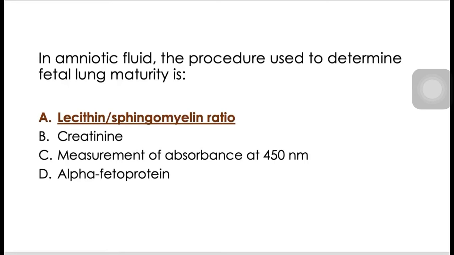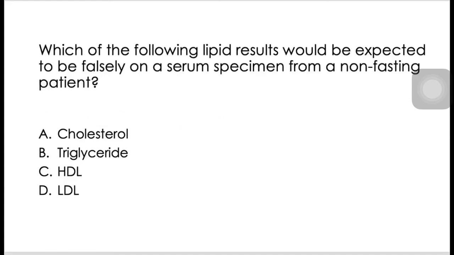And letter D, naman po, alpha-fetoprotein is a test to assess neural tube defects like spina bifida and anencephaly, wherein alpha-fetoprotein of more than or equal to 2 multiples of the median indicates neural tube defects like spina bifida or anencephaly. Okay? But for fetal lung maturity, we have letter A, LS ratio or lecithin sphingomyelin ratio.